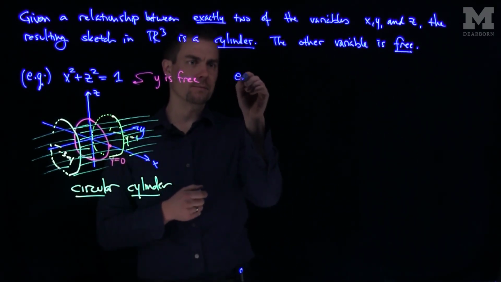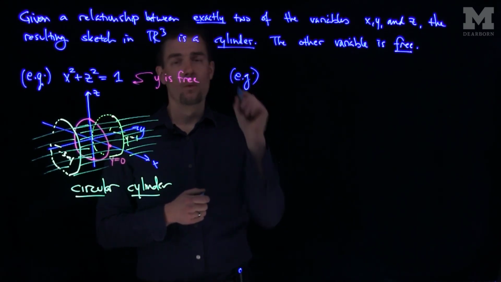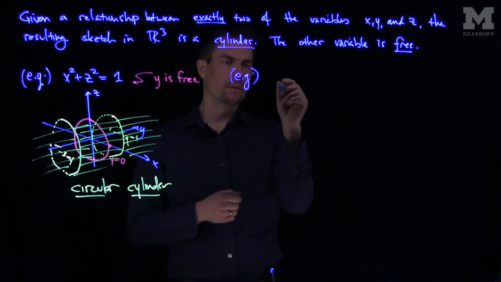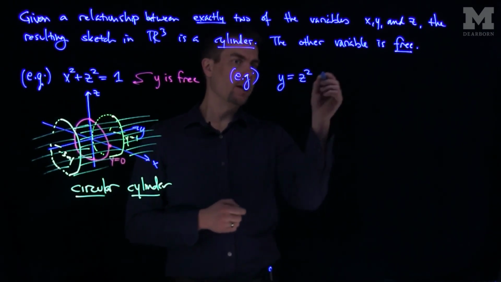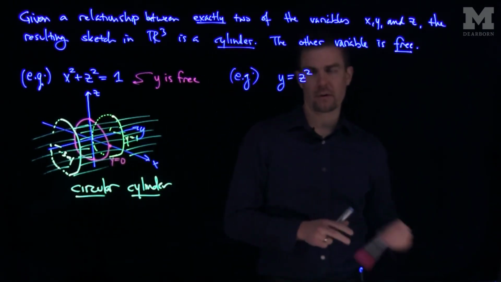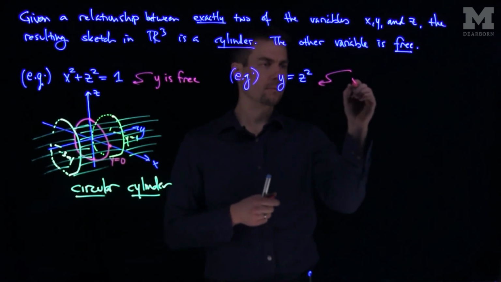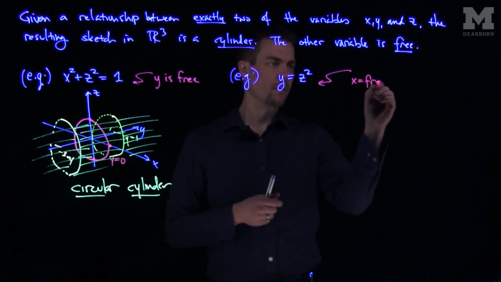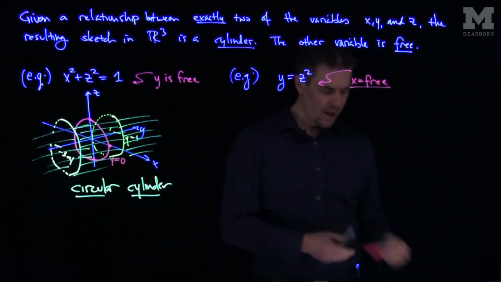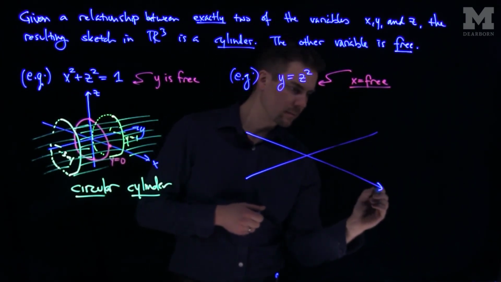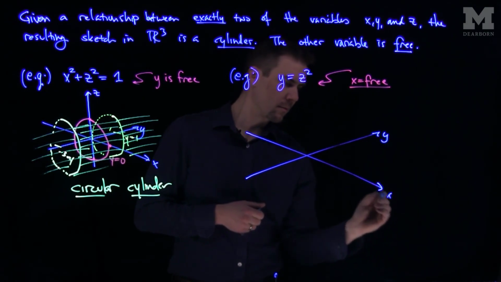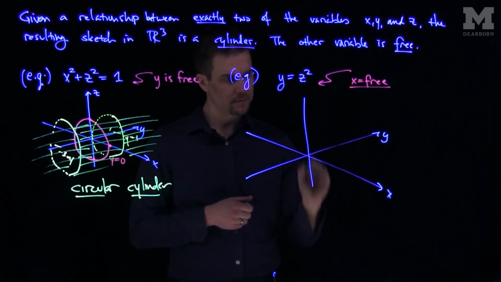Here's another example. What we could do is look at the curve y equals z squared. Here in this problem, x is going to be the free variable. X is free to do whatever it wants here. And what we'll do is draw the three-dimensional space, with y and z.